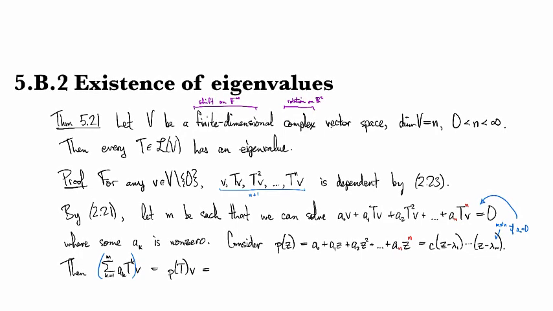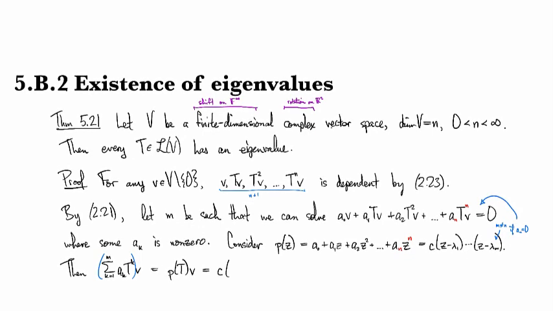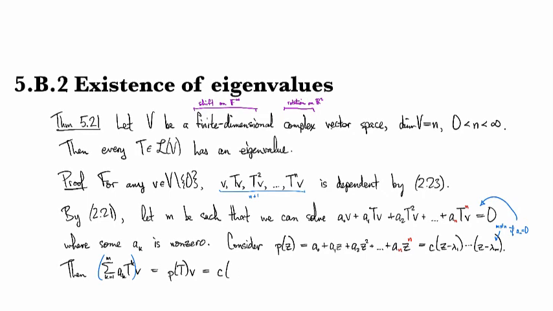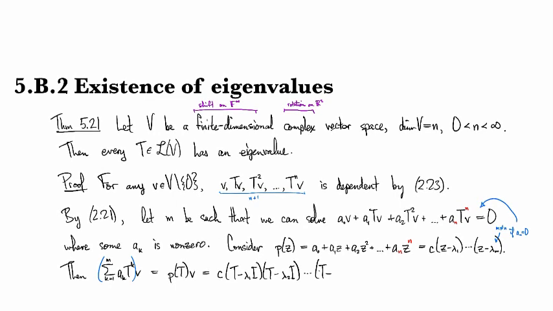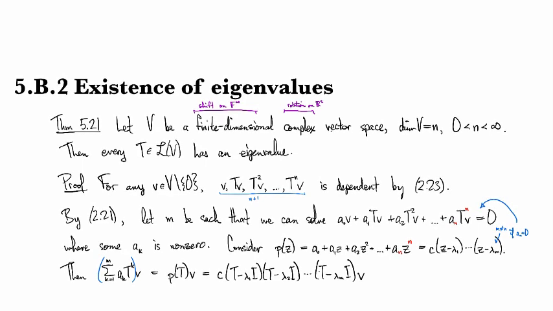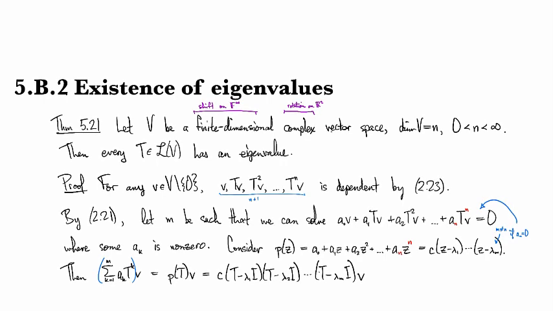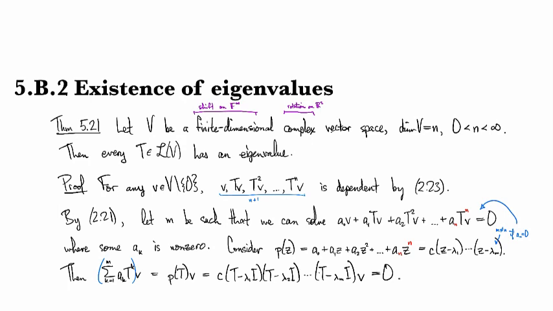And then this factors based on what we just wrote: T minus lambda 1 I, T minus lambda 2 I, up to T minus lambda m I, applied to V still. And from our equation above, when we apply this polynomial in T to V, we get 0, right? That's just from this part here.